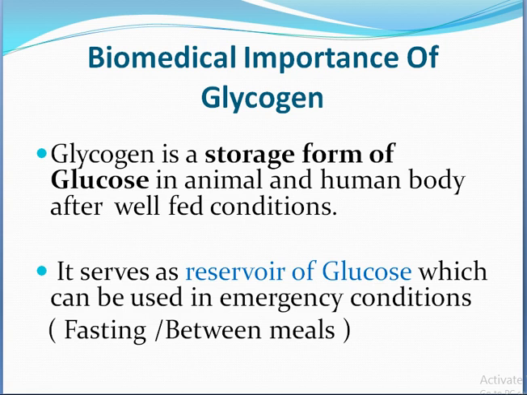Between two meals we need energy, which is provided by this stored energy from the liver. If more is required, for example during exercise, and the reservoir in the liver is finished, then it comes from the muscles as well.